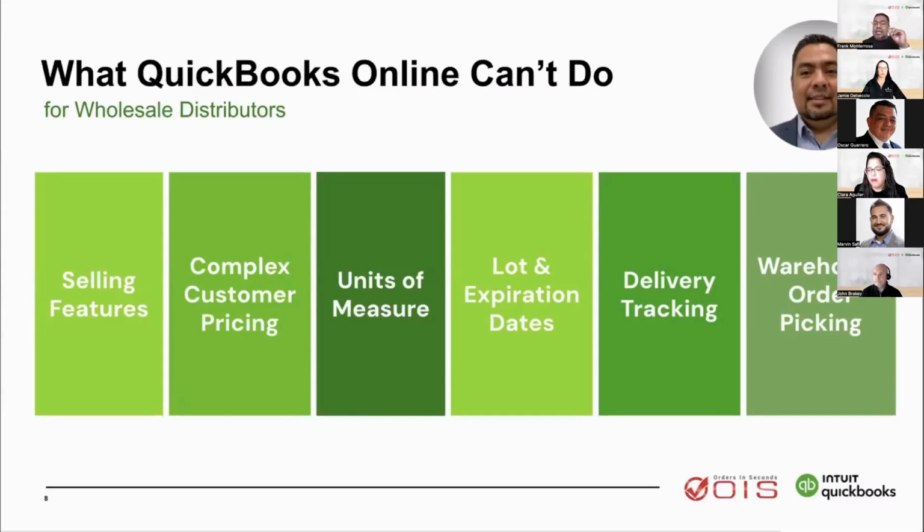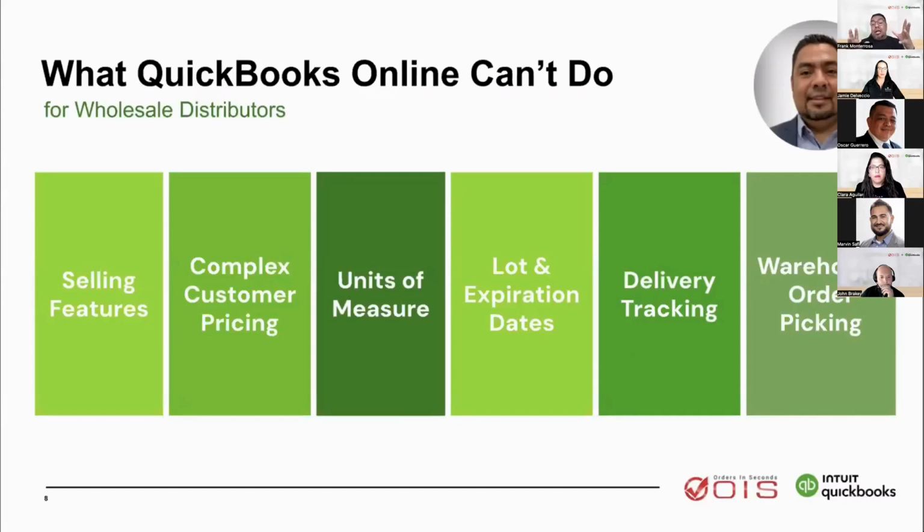The other one that is also important for the distribution business is lot and expiration date. This is very common whenever you're selling products that expire. There's no way that you can handle this in QuickBooks Online or even in QuickBooks Desktop.